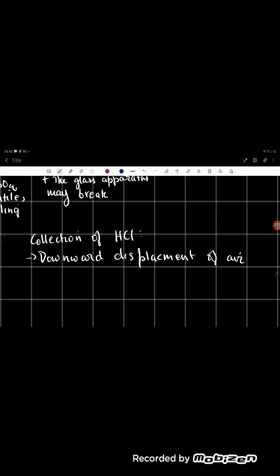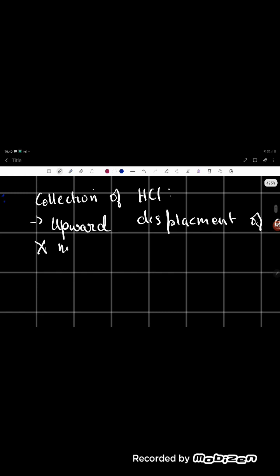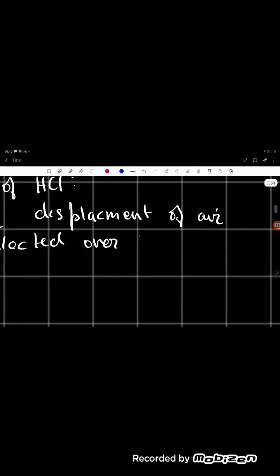Oh, sorry, not downward, it's upward displacement. It's heavier than air. That's why it's collected by upward displacement of air. HCl is not collected over water, as it is highly soluble in water.